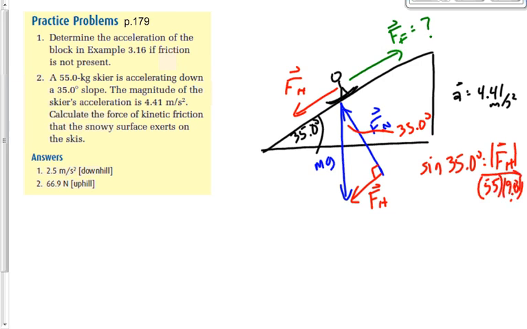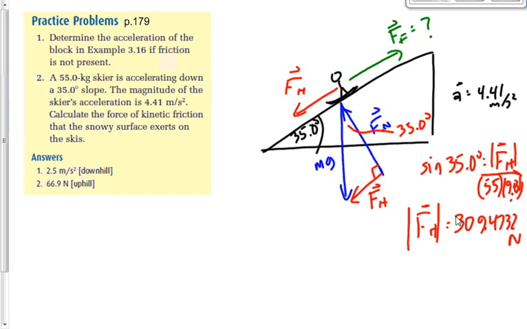Okay, let's get that value now. 55 times 9.81 times sine 35. 309.4732. Is that good? Anybody else have that? All right. 309.4732 newtons is the force of the hill pulling it down.